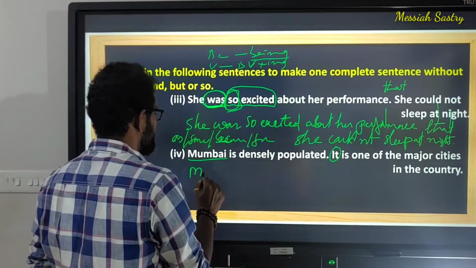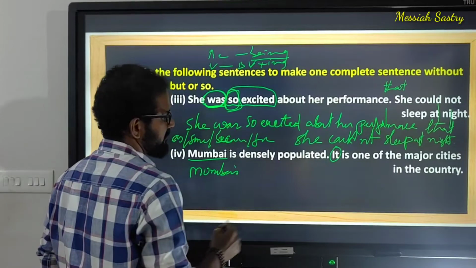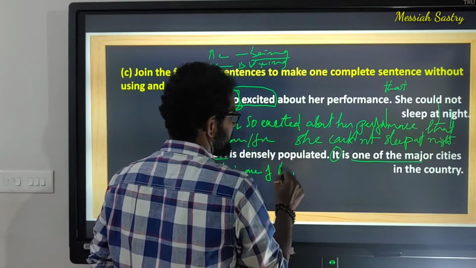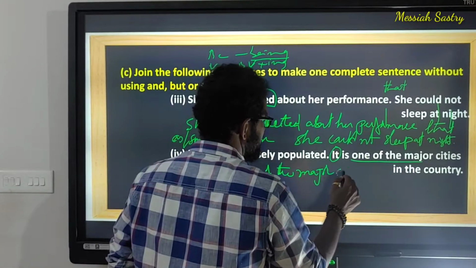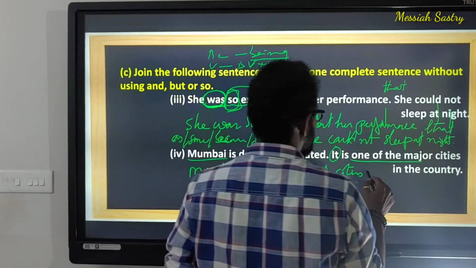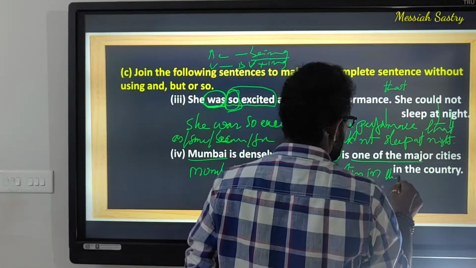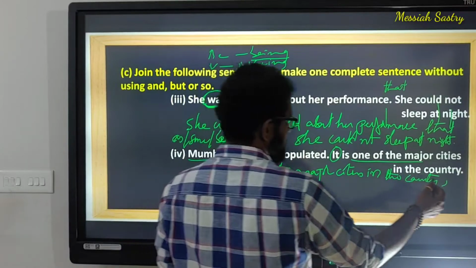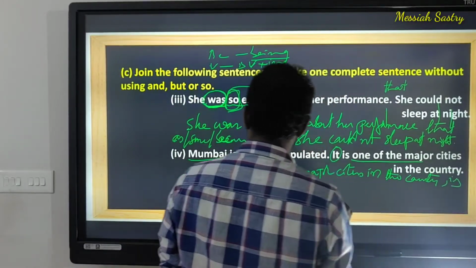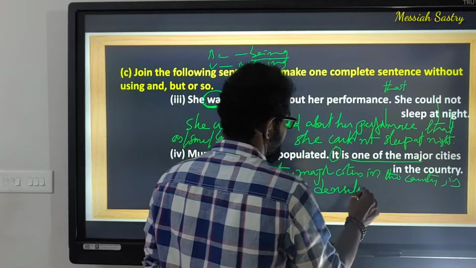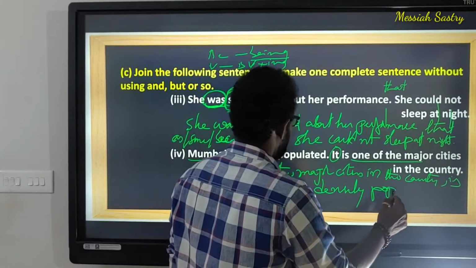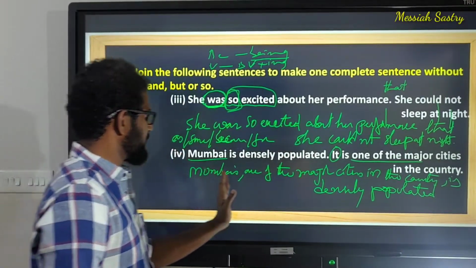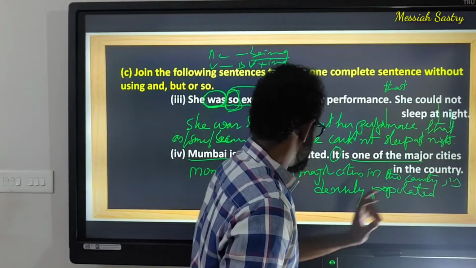So just simply go with Mumbai, one of the major cities in the country, is densely populated. Mumbai, one of the major cities in the country, is densely populated.